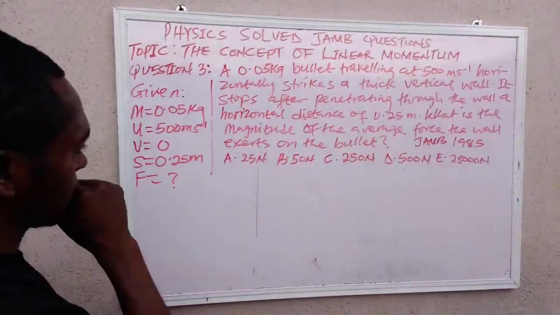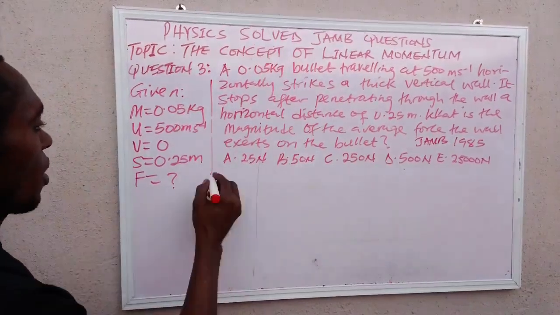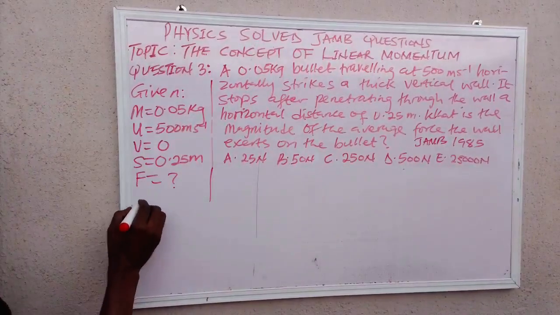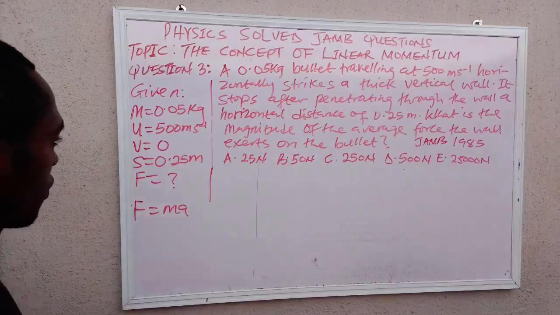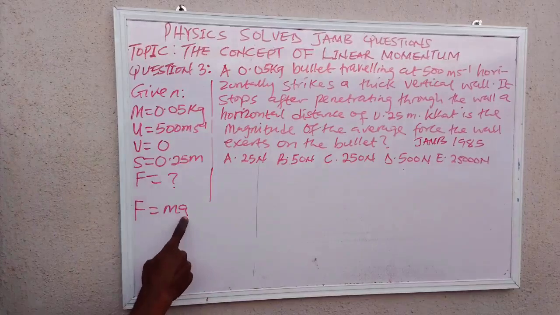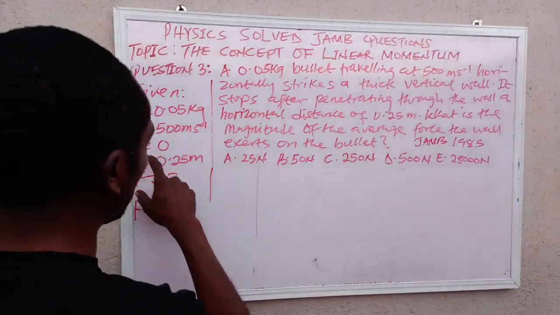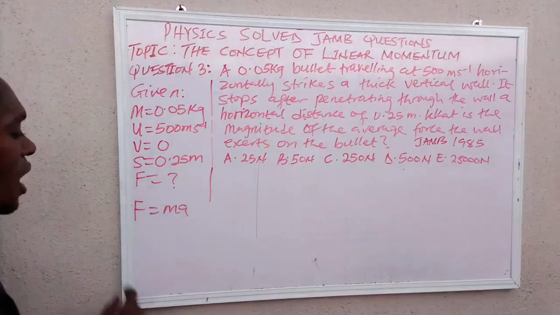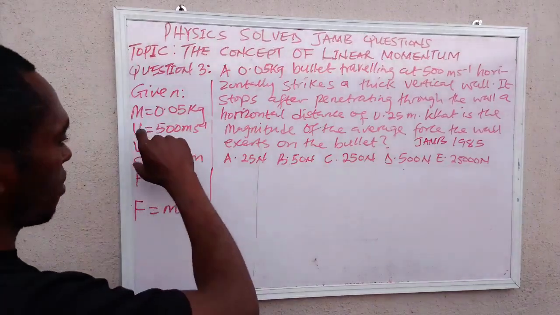Now to solve this, we look at it closely. We are going to discover that the relationship between force and mass here is F equals ma. But you know the mass, you don't know the acceleration, but you can get the acceleration from the initial velocity, the final velocity, and the distance, because acceleration has a relationship between these three parameters.